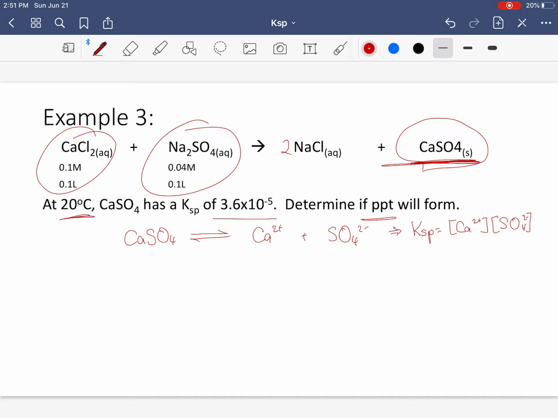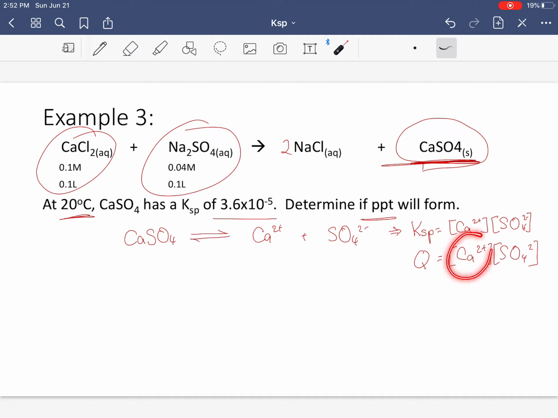Thank goodness there's no coefficient here, so there's no exponent that will really mess up my math. All right, so let's find Q. Now, to find Q, you need to change Ksp to Q, because later on you're going to compare whatever this is to that to determine if PPT will form.